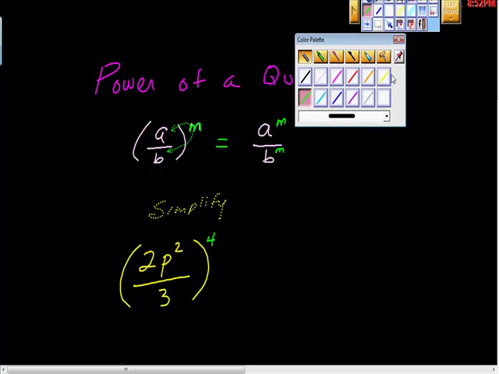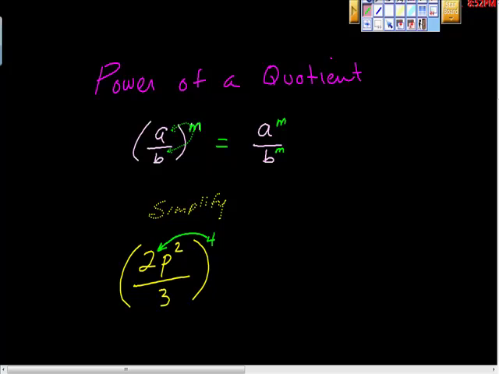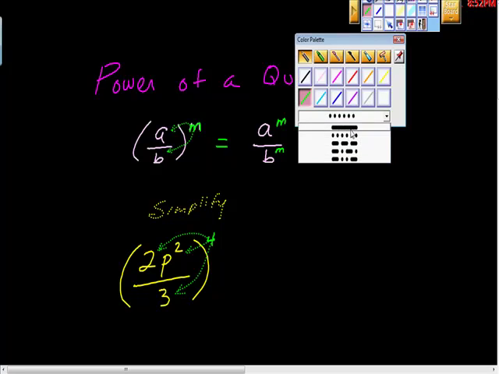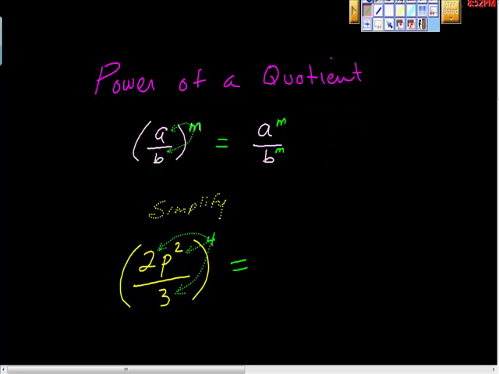And I'm asking you to remember that exponents are distributive over division. All right? So our answer here very quickly is this.